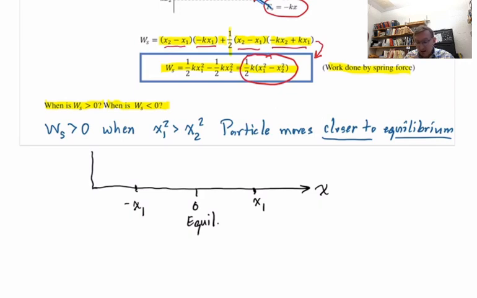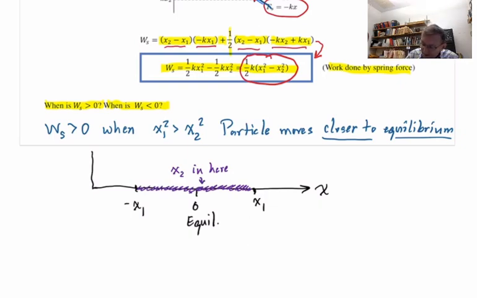So it starts at x1, and if the work done is going to be positive, then x2's got to be closer to equilibrium than x1. So all I'm saying is that x2 can be anywhere in the region that I'm kind of shading here along the x-axis. I'm shading it purple, between x1 and negative x1. So x2 can be anywhere in this shaded region, and we'll have positive work done by the spring. Okay? Because the particle ended up closer to equilibrium than where it started.